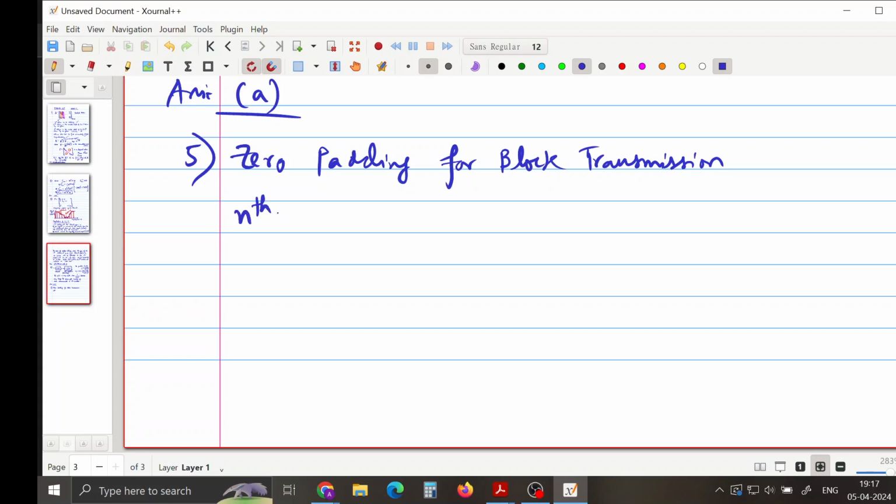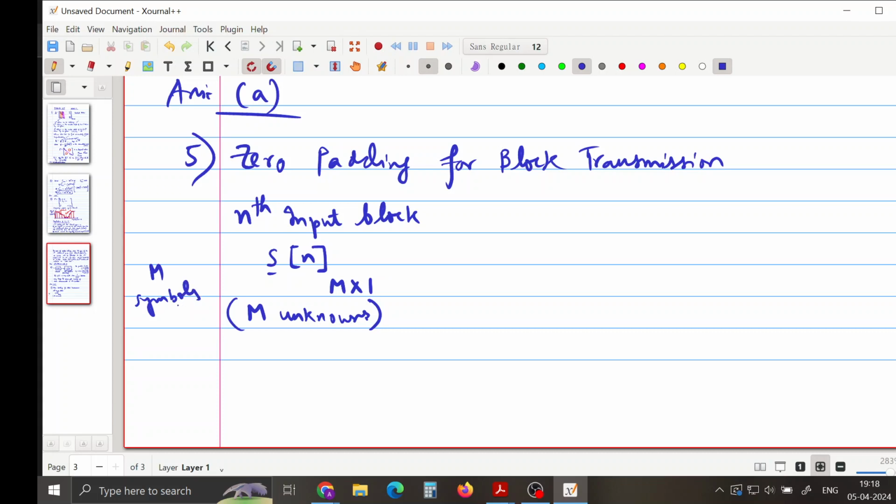Let's say you have the nth input block, small n, which is basically a vector Sn, and it has capital M symbols. Essentially it is an M cross 1 vector. So there are M unknown symbols.